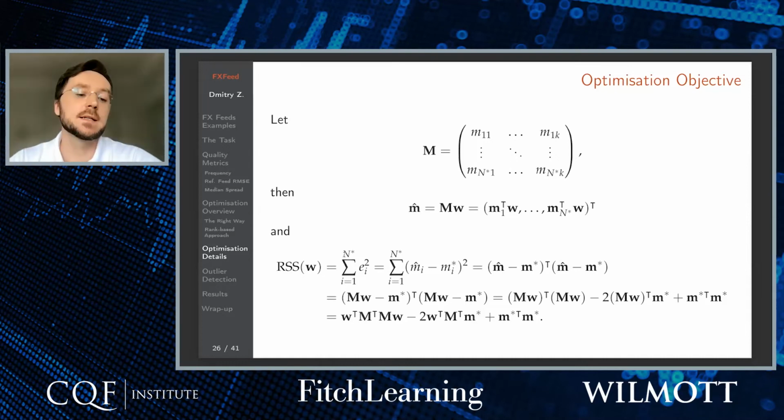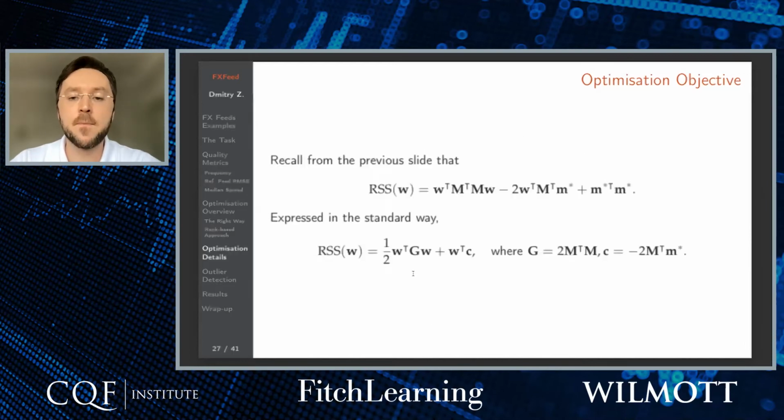Hence, we can rewrite the residual sum of squares function the following way. So we do the substitution and we write the sum as the vector product. Then we substitute the expression for the estimate as the vector product of M and W. Then we expand the product, and then we rearrange a bit and obtain the expression at the very bottom.